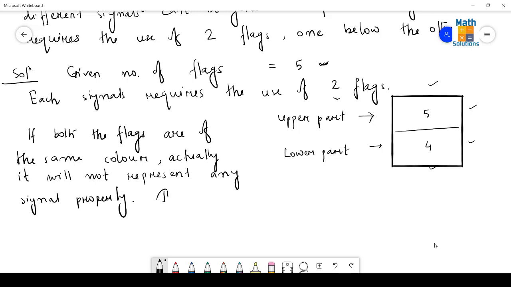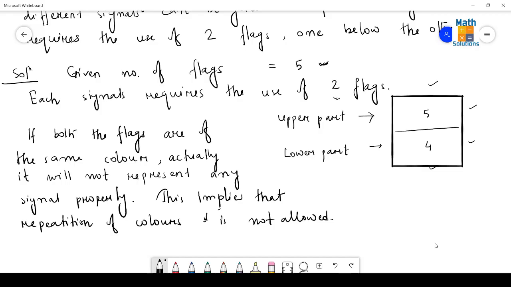This implies that repetition of colors is not allowed.